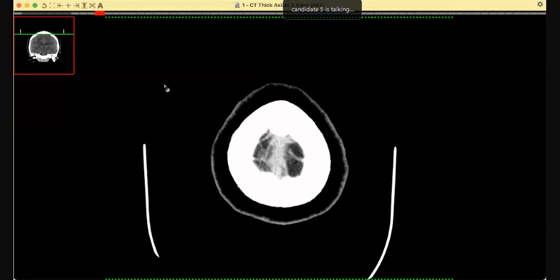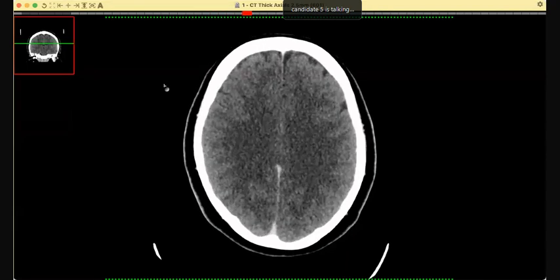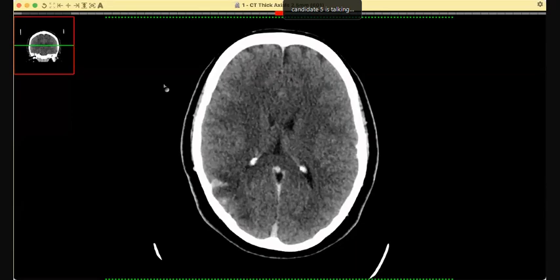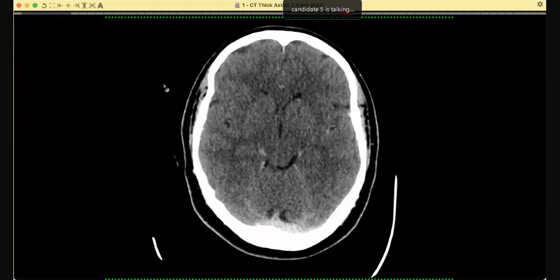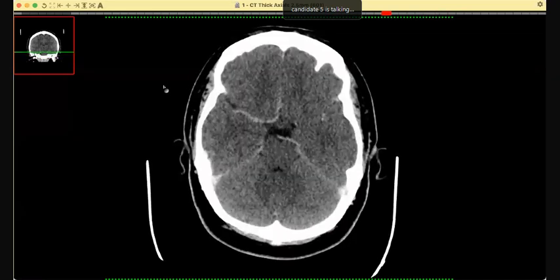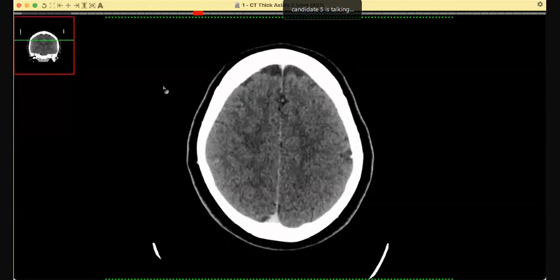Here I can see some gyriform kind of enhancement in that affected area, which is surrounded by edema.